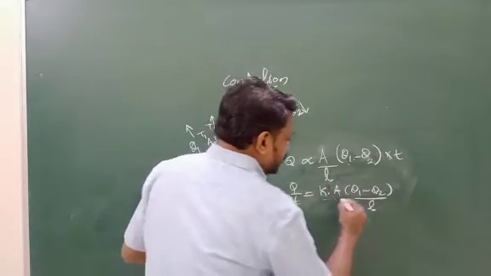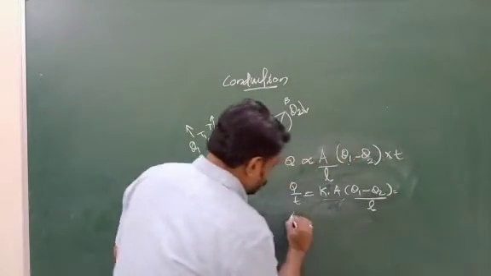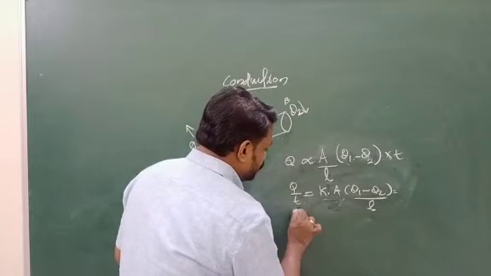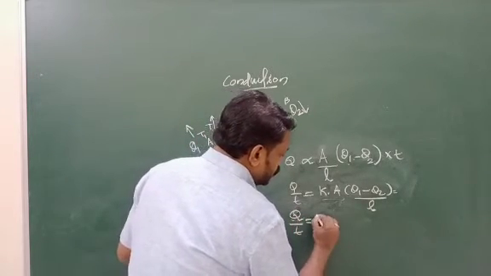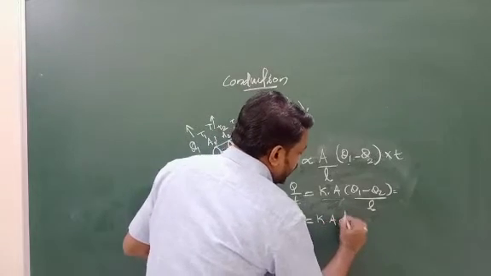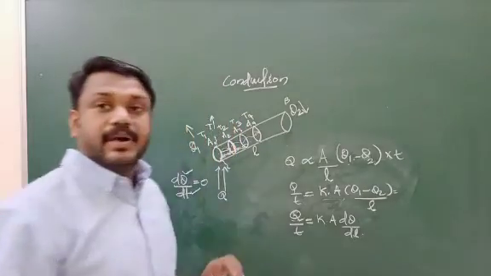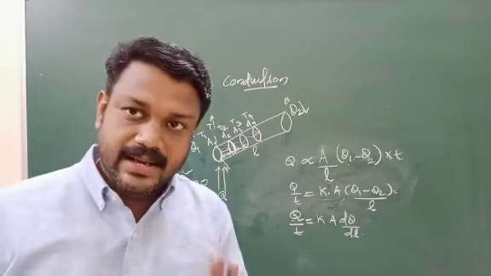So Q by t is equal to K into A into d theta by dl. D theta by dl is temperature gradient.